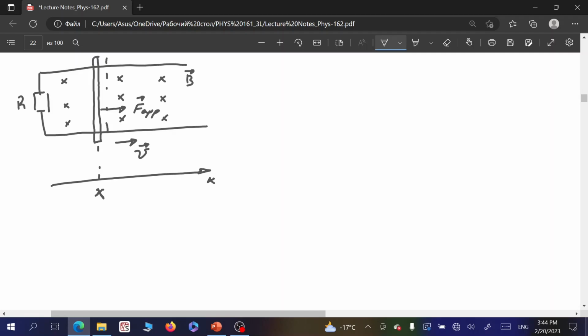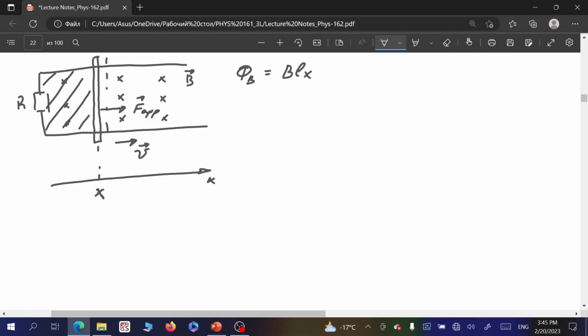So while it's moving, the magnetic field flux Φ_B will be defined as B L times X. So that is the area which is covered here, and the magnitude of magnetic field.